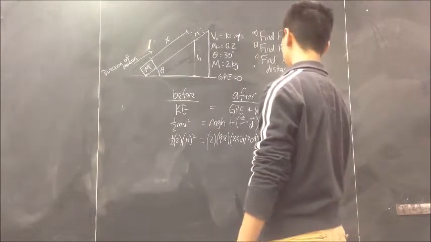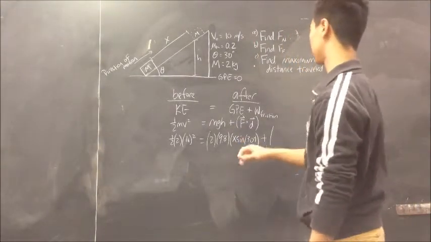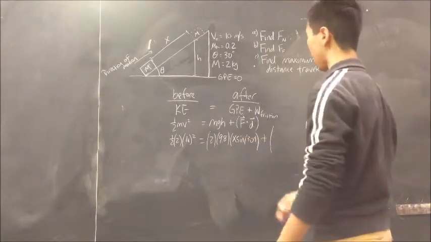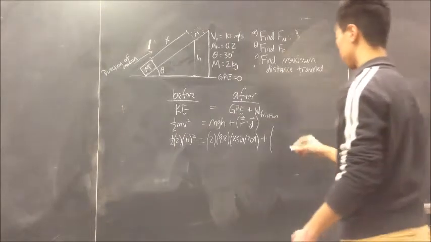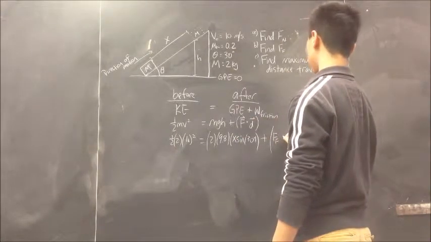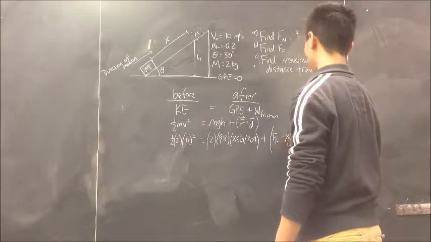And you're adding that to what the dot product comes out to, because it's in the same direction, the cosine of the angle will end up being 1. So we can just say this is the force of friction times the displacement, x in this case, which is what we're trying to find.